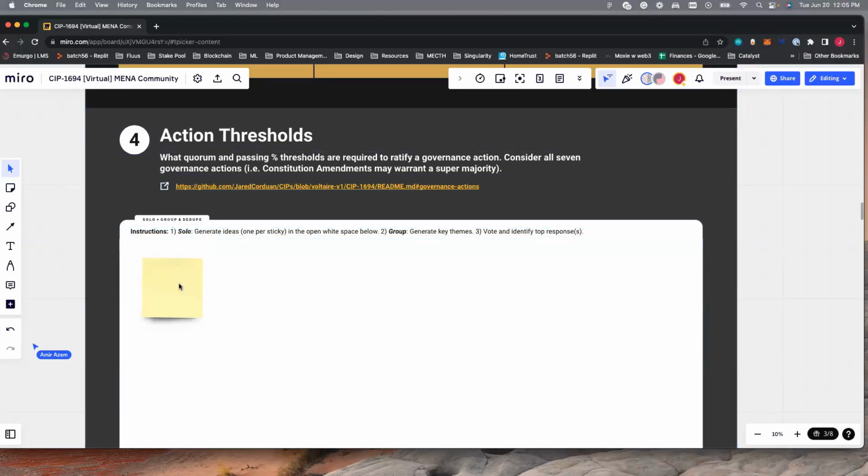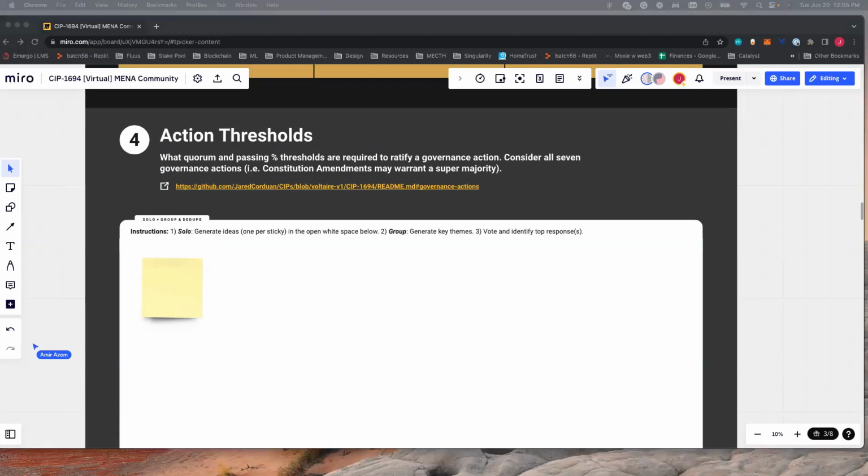So are they looking for actual numbers for us to run a simulation and say a hard fork should have 70% and something else should have 40% or whatever? Is this what they're looking for? Not just the idea of supermajority or not, it doesn't really matter, just 51%.